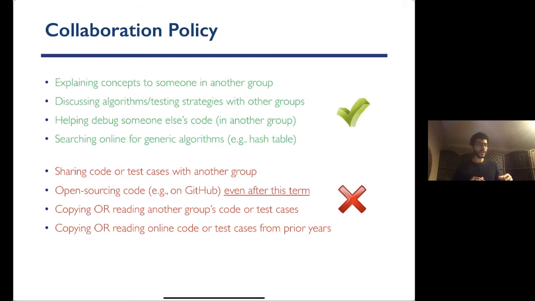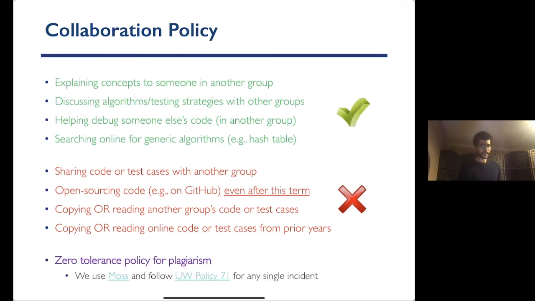So this is the collaboration policy we have, and we have a zero tolerance policy for plagiarism. If we find any, and believe it or not, we have access to decades of code from SE 350 and the past 3 offerings of ECE 350.